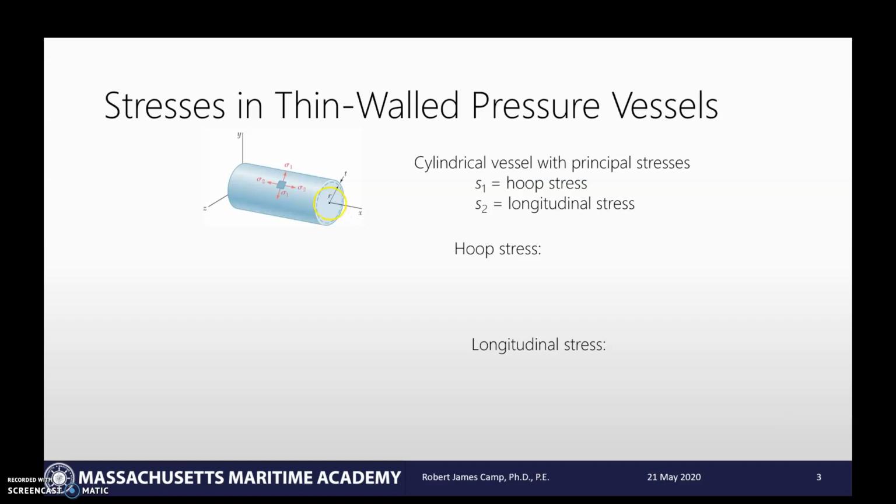You have the stress because the pressure is trying to blow this end cap off. That stress is called the longitudinal stress because it's on the longitudinal axis. The other stress is the stress as it's trying to rip itself apart along the diameter, and that's called the hoop stress.